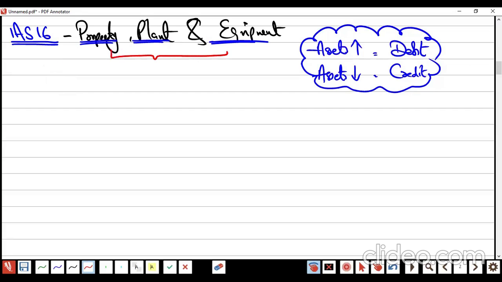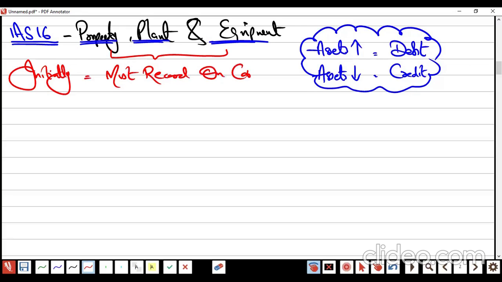Property, plant, and equipment, at inception, or the technical word of IAS 16, initially, we must record on cost.